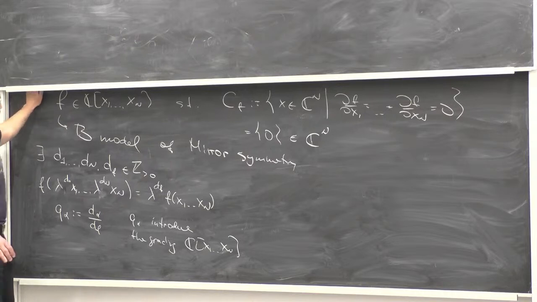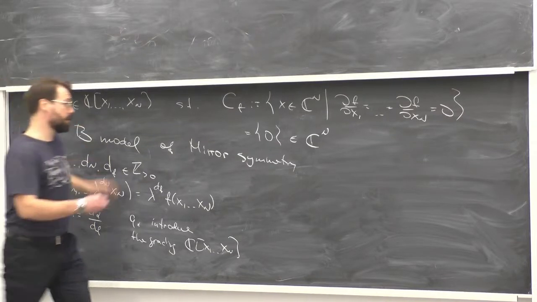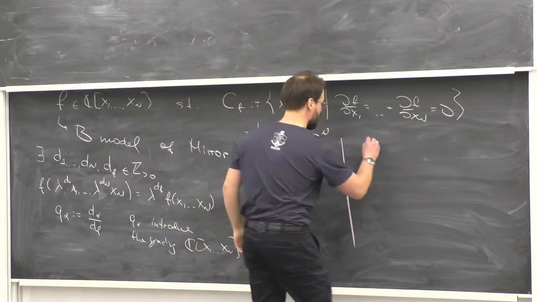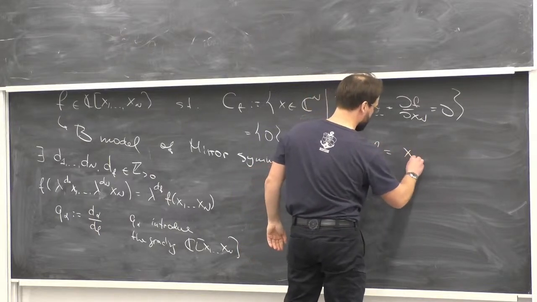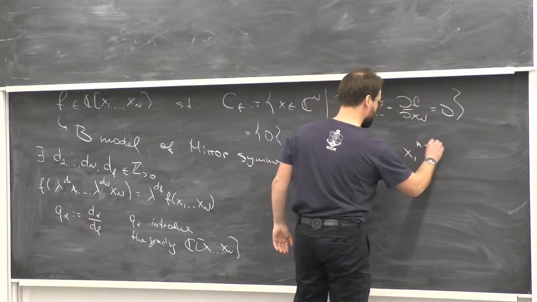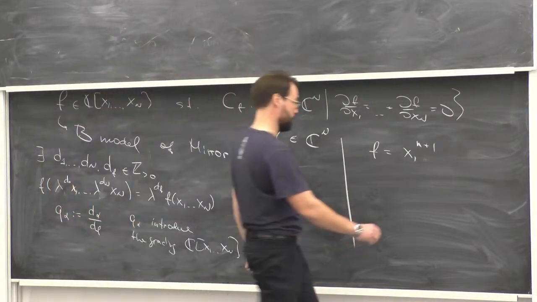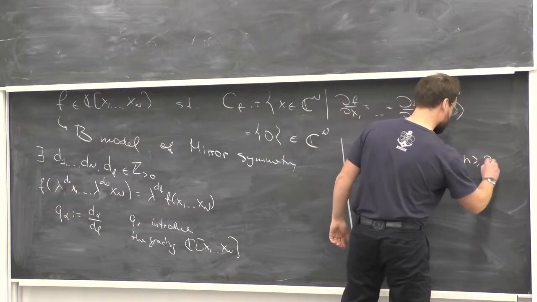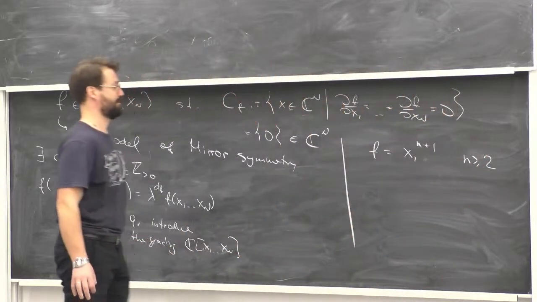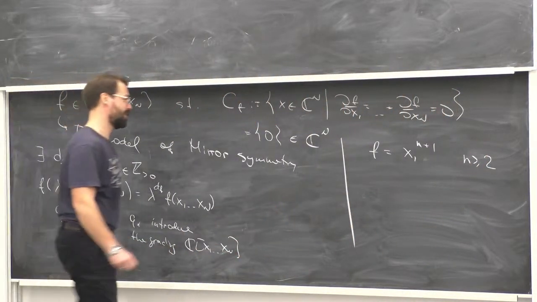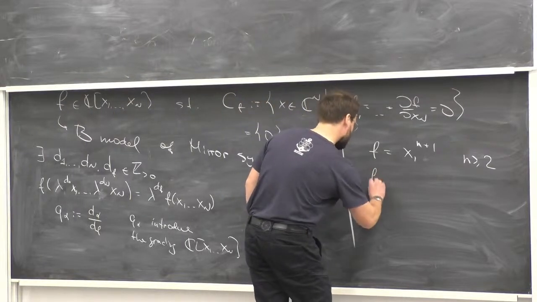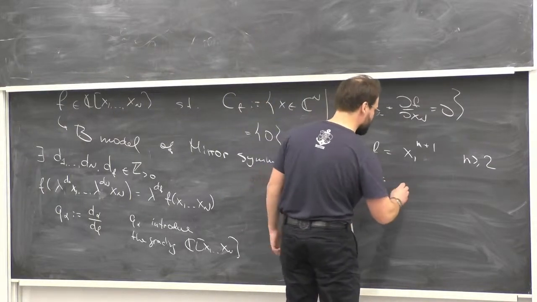So what is the typical example of such a function? Well, there are many examples. Pick one: the most typical is x1 to the power n plus 1. That corresponds to all requirements, for example the monomial. But usually it cannot consist of one monomial.